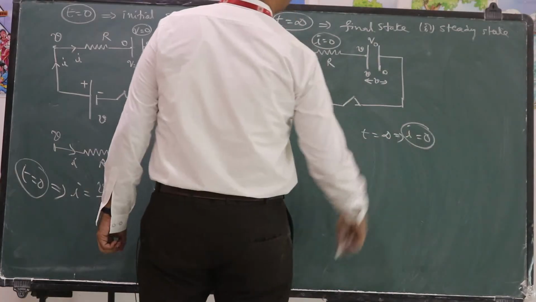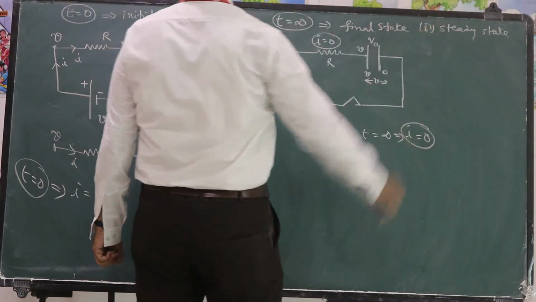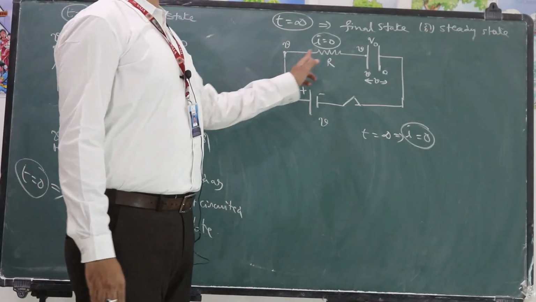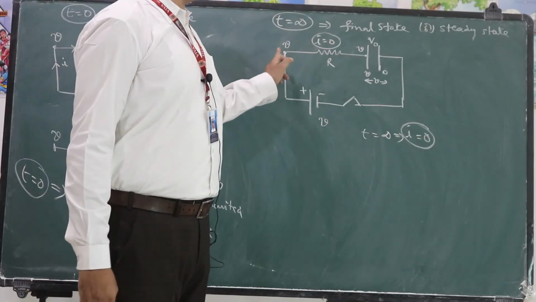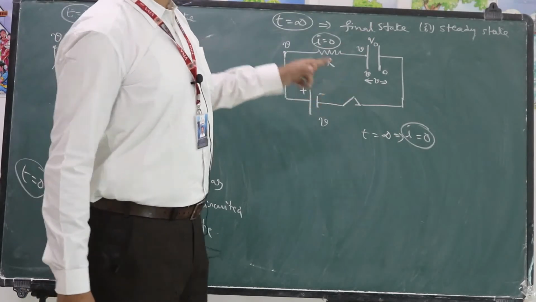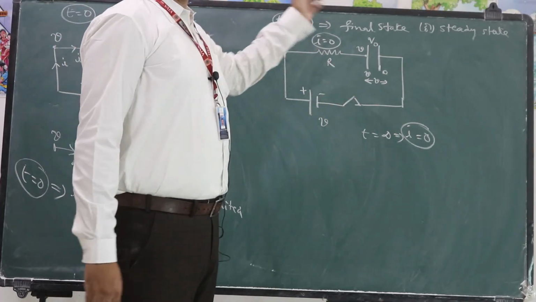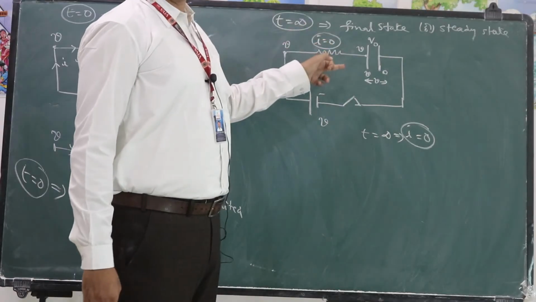Such a state is called the final state or steady state. In steady state condition, the branch containing the capacitor will not allow any current to pass through it. If some other branches are also there, the entire current will move through the other branches without the capacitor.